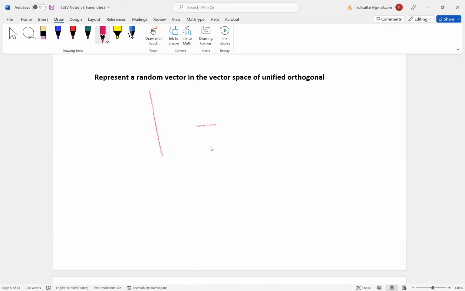So if we have two vectors, let's say vector u and a vector v, and I have a vector t, and that vector t is 2 and 4, and u is 2 and 1, and v is -1 and 2.